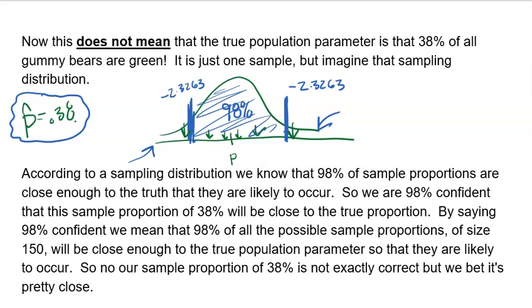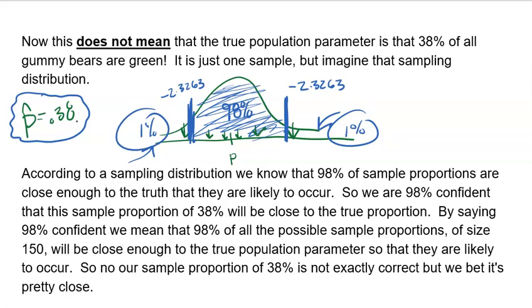So I don't know where my 38% p-hat falls, but my gamble, my level of confidence is that it's in the middle somewhere. Because I know that 98% of samples are in the middle. So I'm not going to worry about the 1% chance that I'm too high or the 1% chance I'm too low. I'm going to worry about the good, the positive.